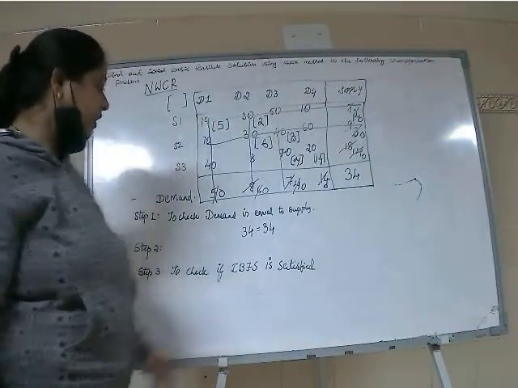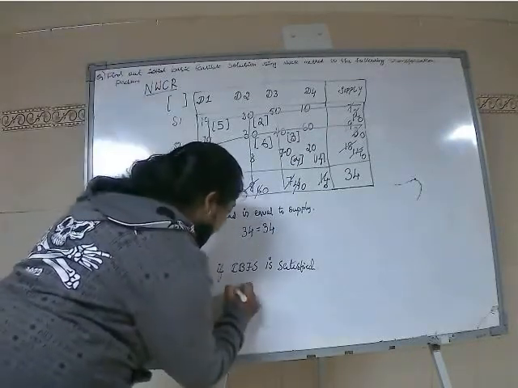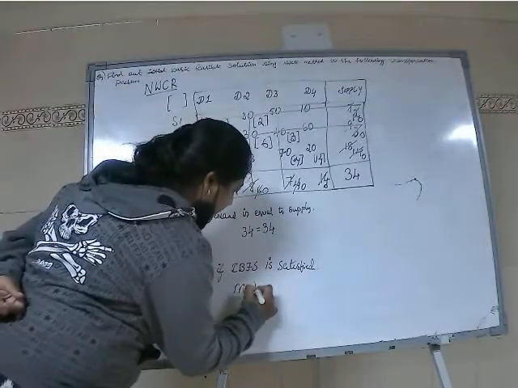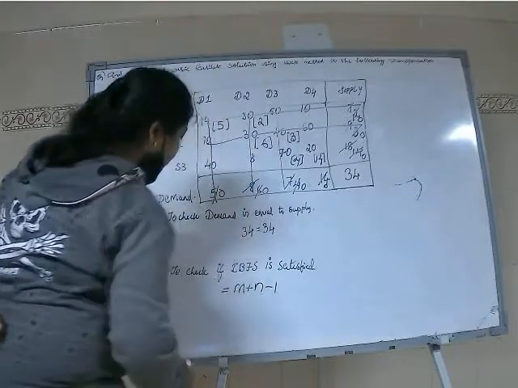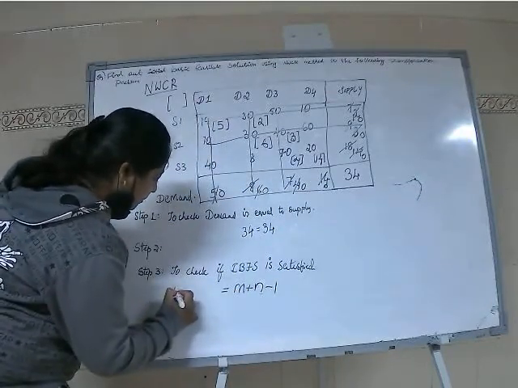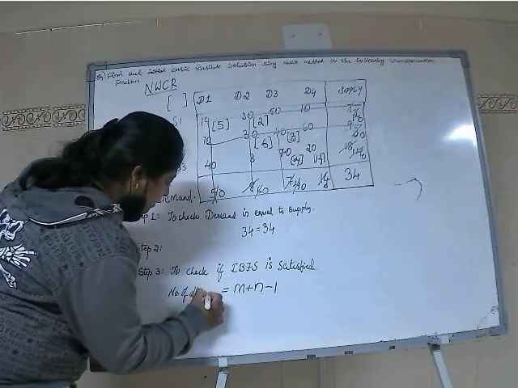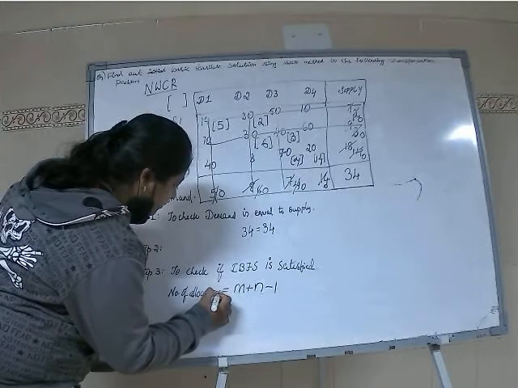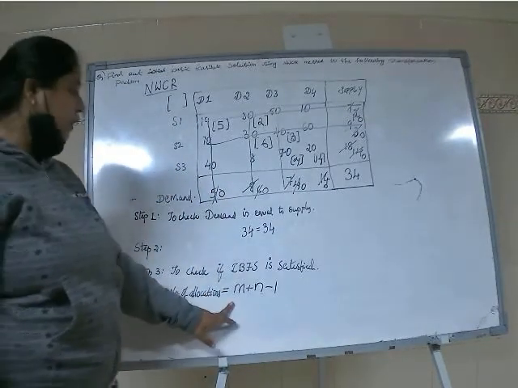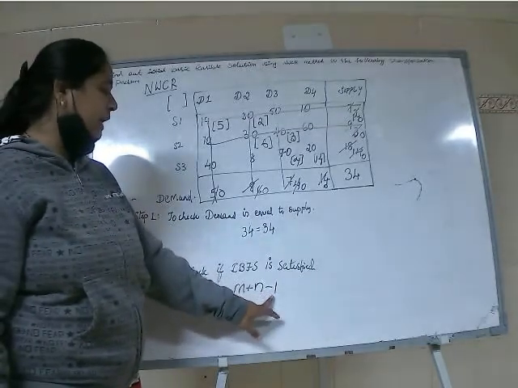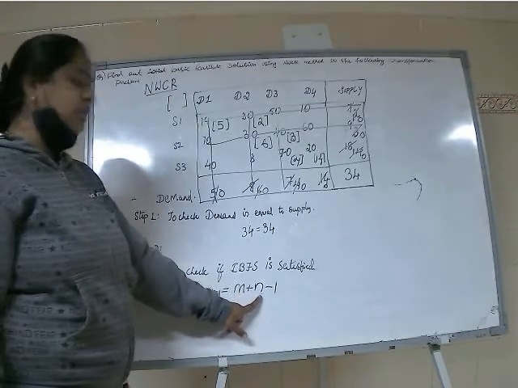Okay students, there is a formula for this IBFS, that is m plus n minus 1, that should be equal to the number of allocations. Here the number of allocations should be equal to m plus n minus 1, where m is rows, n is columns.